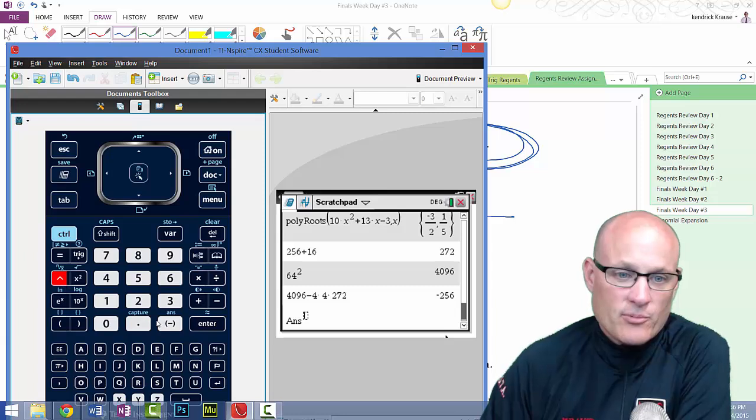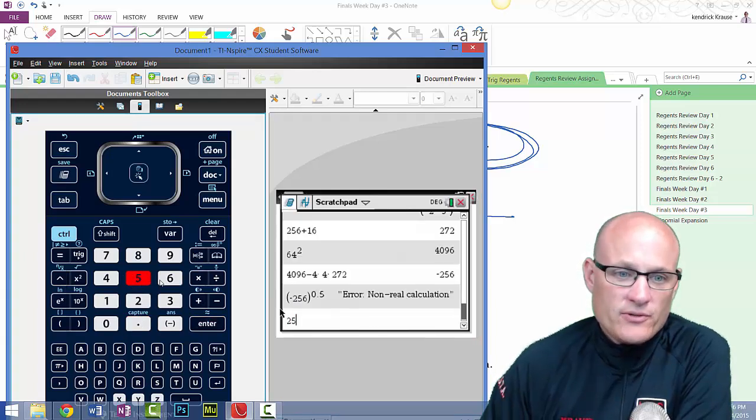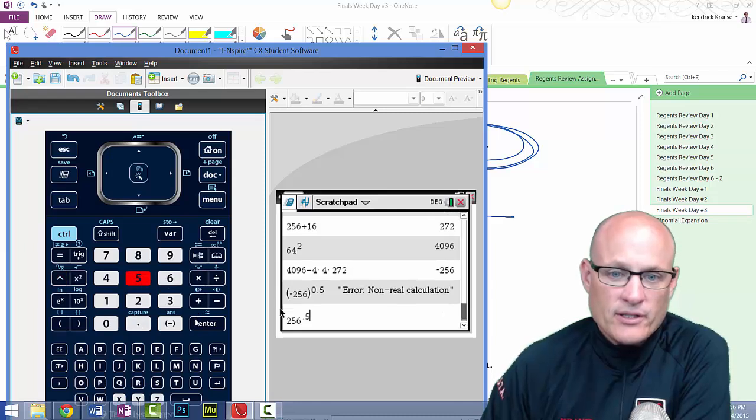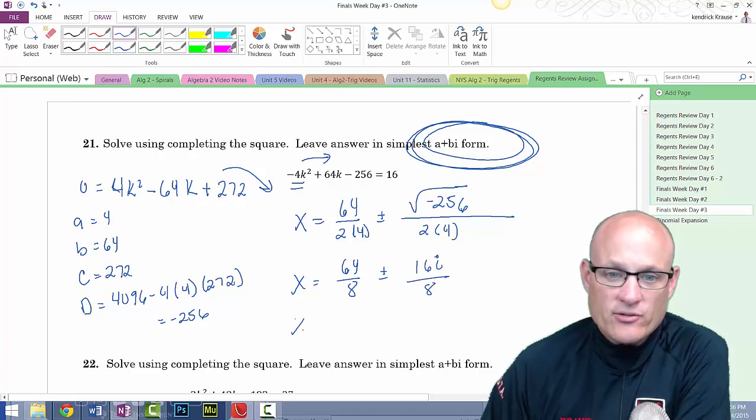I'm going to raise this to the 0.5. 256 raised to the 0.5 is 16. So I get x equals 64 over 8 plus or minus 16i over 8.